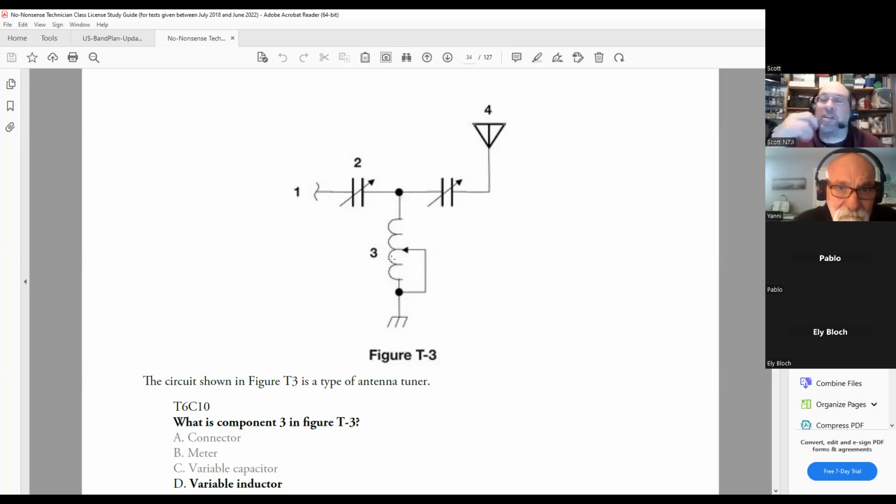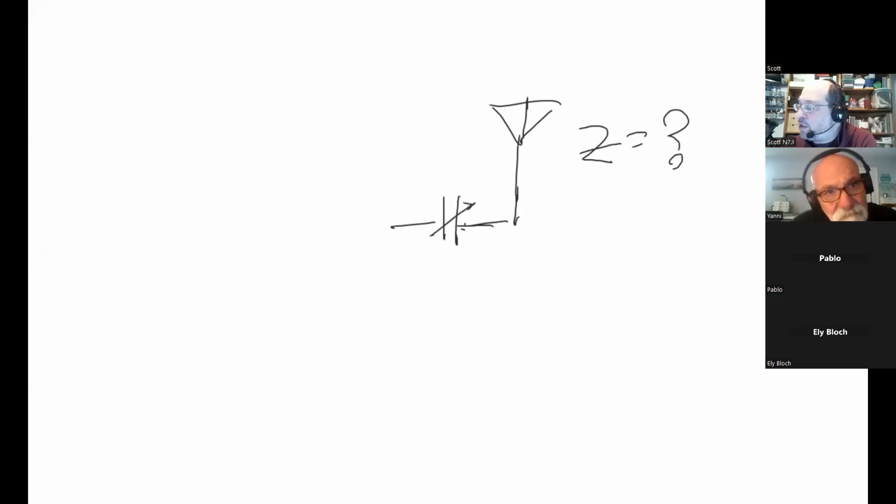And what do we know about capacitors and inductors? They are frequency dependent components. So by changing the value of the capacitor, the other capacitor, and the inductor, you can take a circuit that looks like this, which has a Z of a question mark, and combine it with a capacitor, which is adjustable and is now in series.